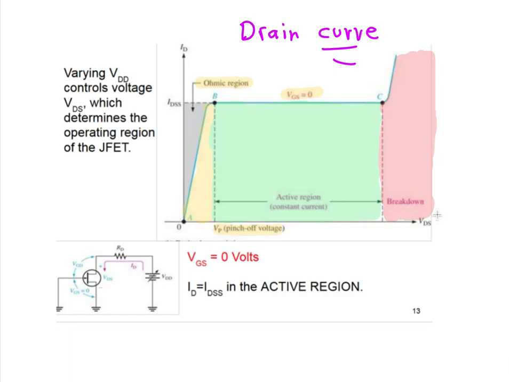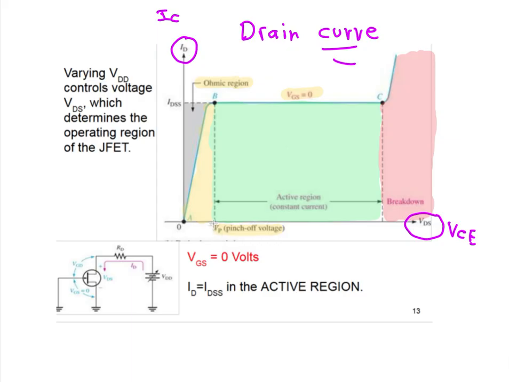Okay, so what we're comparing here is very much like the BJT collector curve. So we have voltage VDS here, and we have current ID. If you were looking at a BJT, that would be IC, and that BVCE.